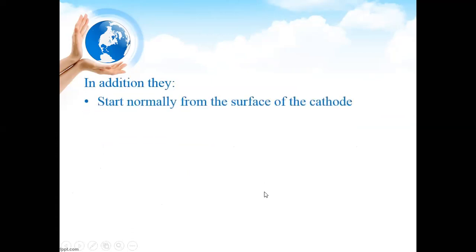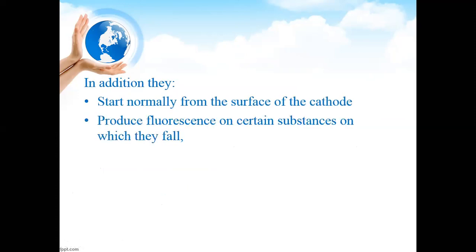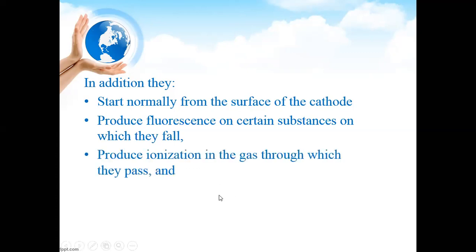In addition to these two, wave and particle properties, they start normally from the surface of the cathode. They produce fluorescence on certain substances on which they fall. What does this mean? When they fall on a screen, you are going to be able to see them. They produce ionization in the gas through which they pass, and lastly, they possess a large amount of kinetic energy.